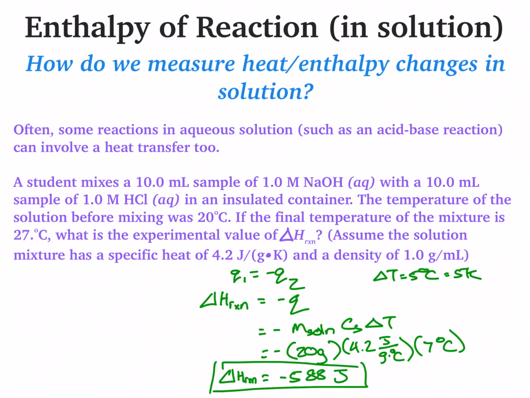The water absorbed the heat from the NaOH and the HCl reacting with each other. So that's why, when a reaction happens or when a solid dissolves in water, we always have delta H sub something equals negative Q, because we're measuring the temperature of the surroundings, and the reaction is the system, or the dissolving is the system in the case of a solid dissolving.